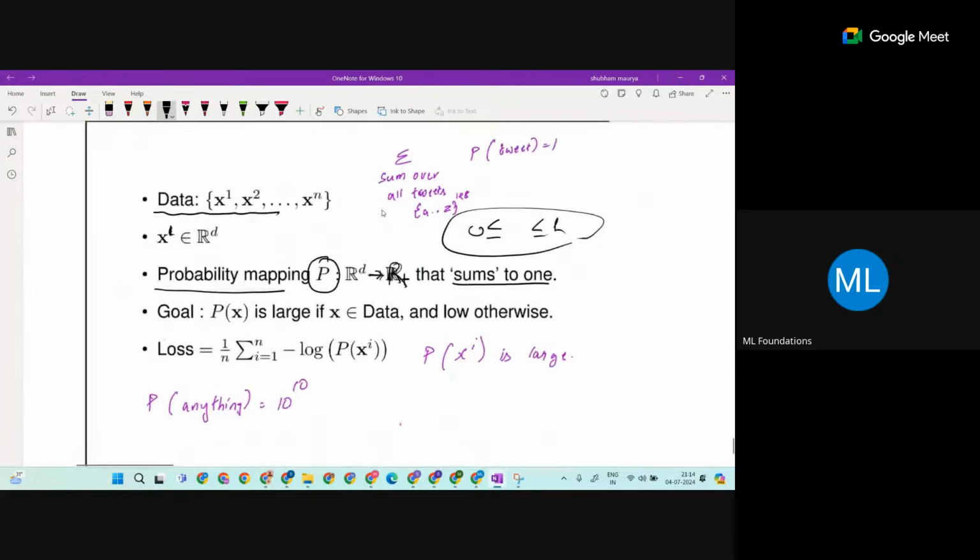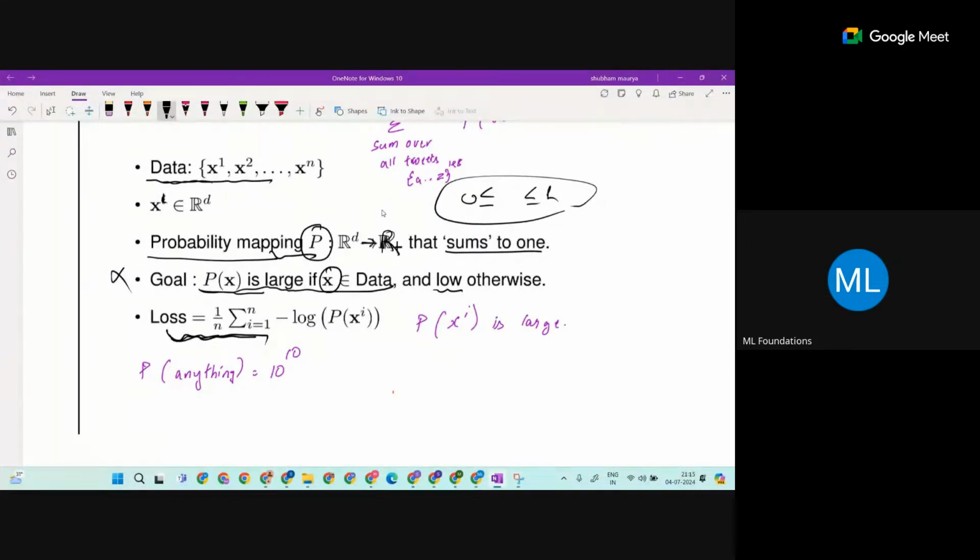P(x) is large if x, the data, belongs to the training data, and low if the data you are giving is not from the training data, so it is not important. Here it is about the loss: you have some model given and you calculate the loss.